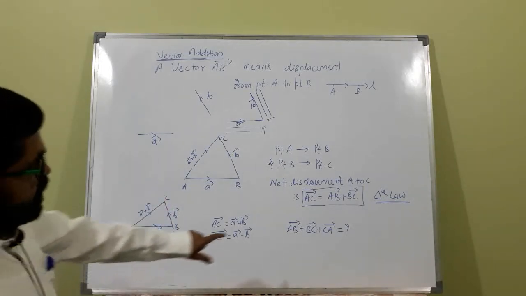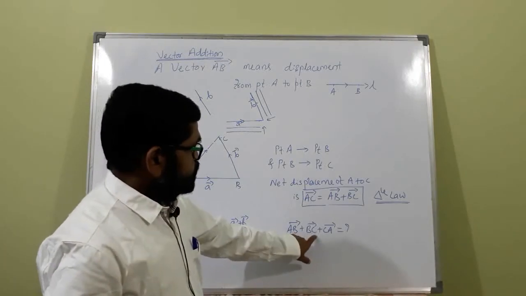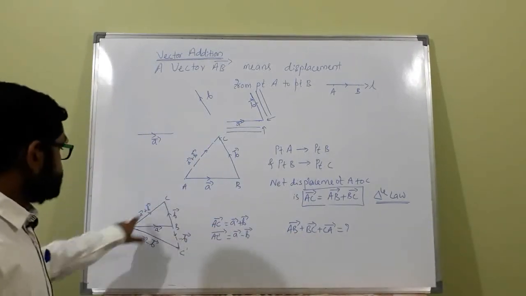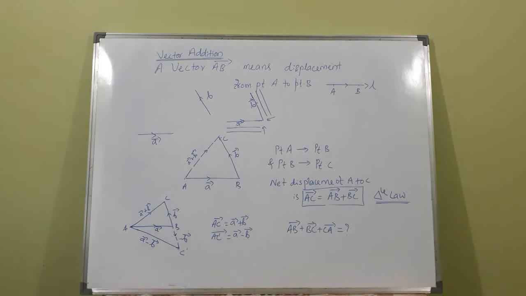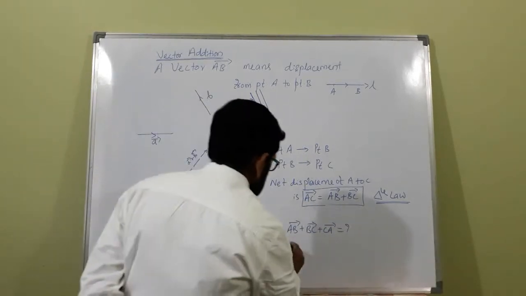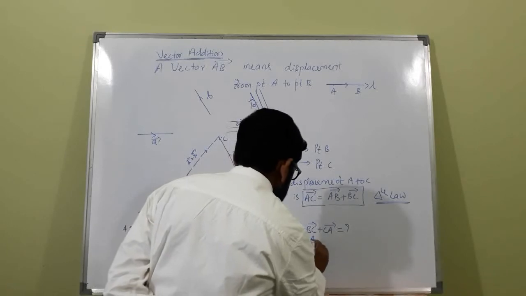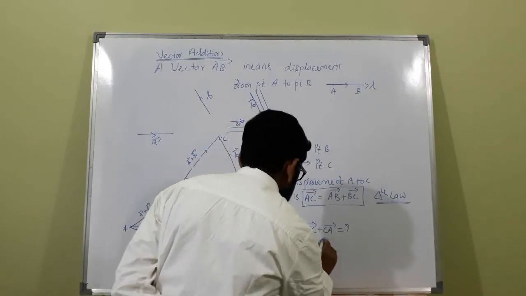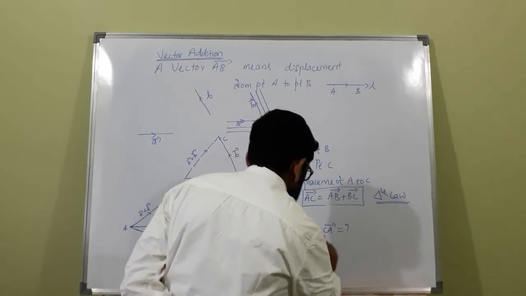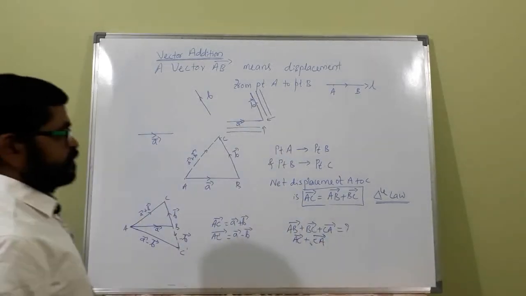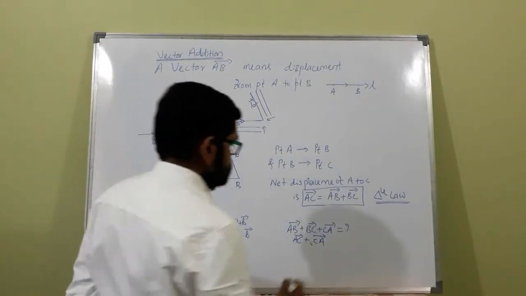See, what is AB plus BC plus CA? What is the sum of this? AB plus BC is AC, plus CA is equal to 0.